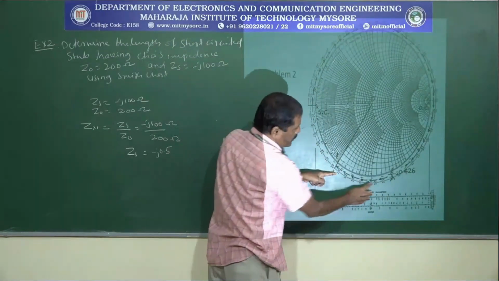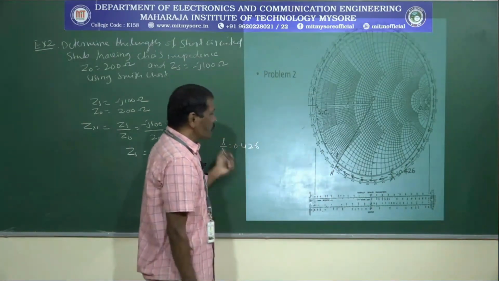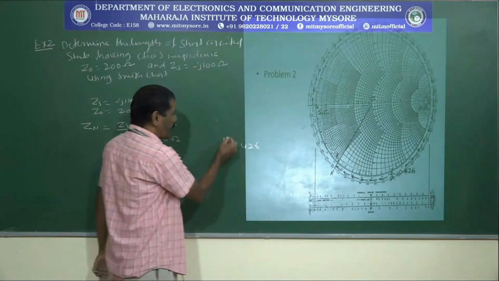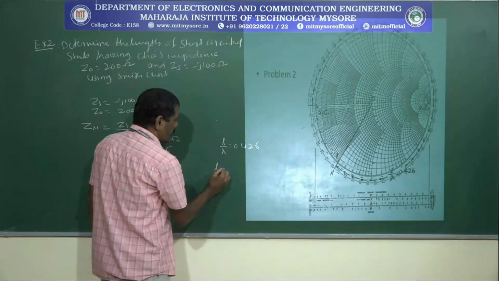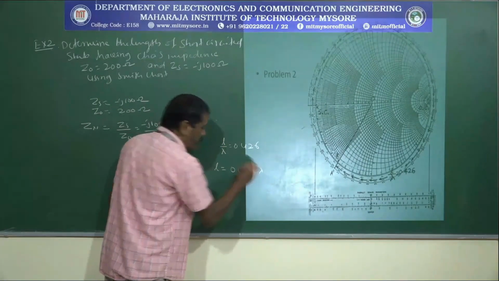When you are moving, some points have been marked on this, measure these values. That value is going to be 0.426. So L by lambda is equal to 0.426, then L is equal to 0.426 lambda.